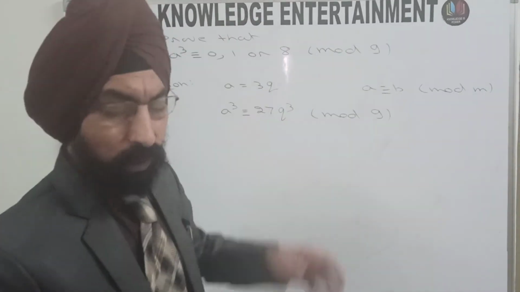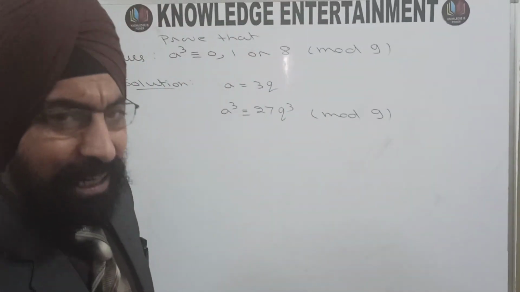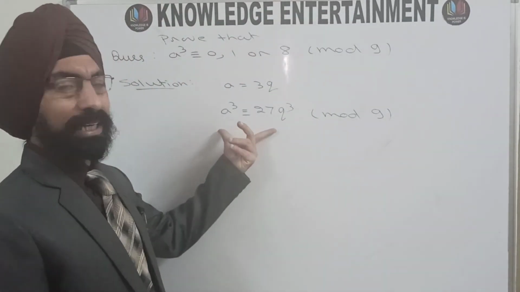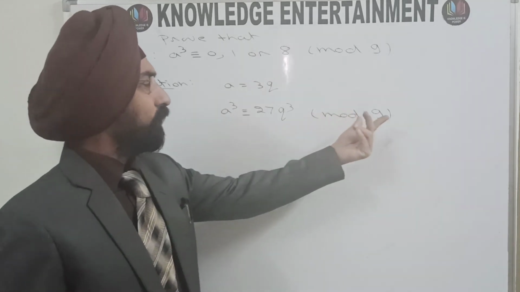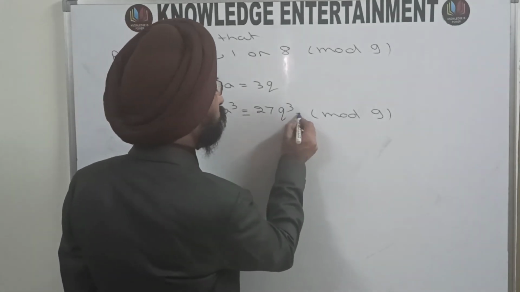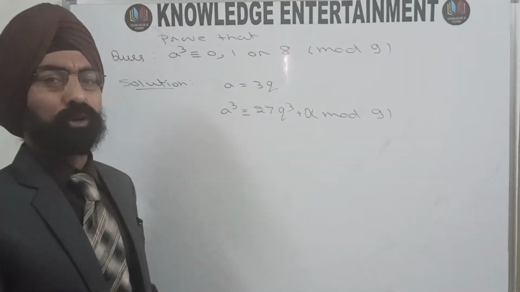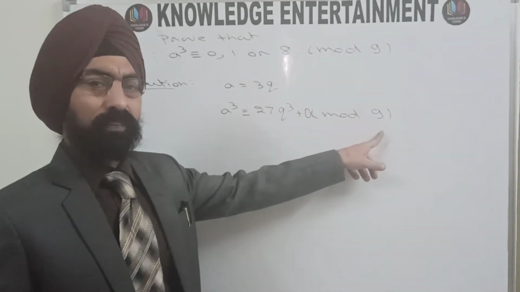What is required for me in this question for the solution? So I am taking modulo 9. And you know, in a congruence relation, if there is something which is a multiple of the modulo number, then it can be removed. I am writing here 27q cube plus 0. I think you will have no problem. And 27q cube is a multiple of 9.